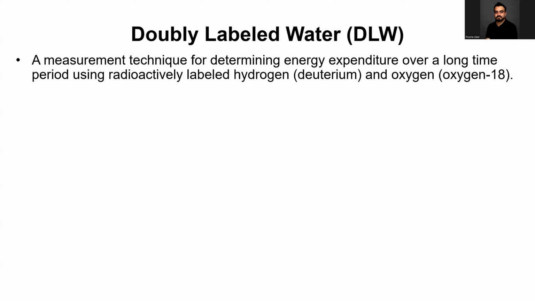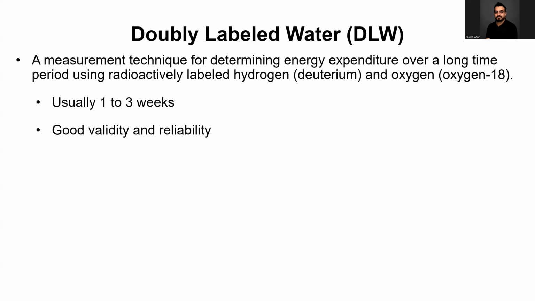This is another measurement, another system. It's called doubly labeled water. This is a measurement technique for determining energy expenditure over a long time period using radioactively labeled hydrogen and oxygen. It usually measures the energy expenditure between 1 to 3 weeks. It has good validity and reliability.